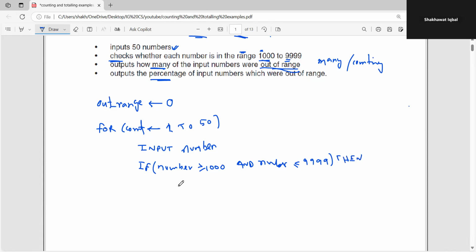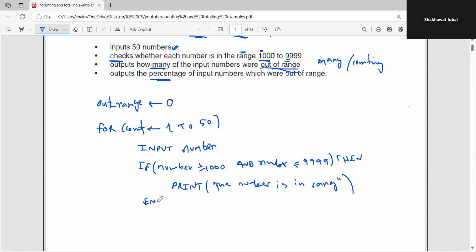We just need to show the user that yes, the number you input is in range. The number is in range. That's the output we will show.